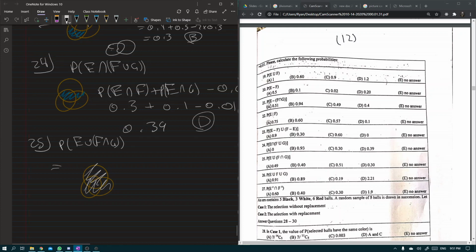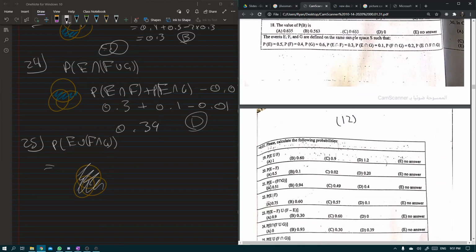So everything is just probability of E plus probability of F plus probability of G minus probability of the intersections plus the middle part, which is 0.101.